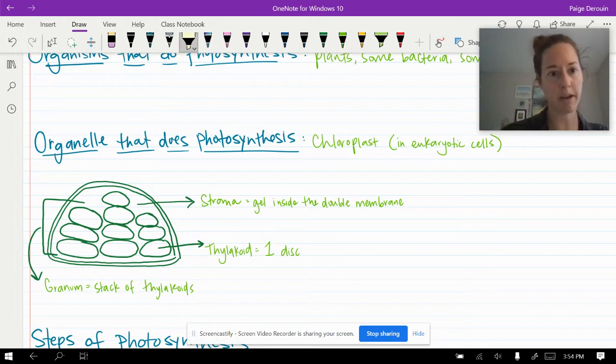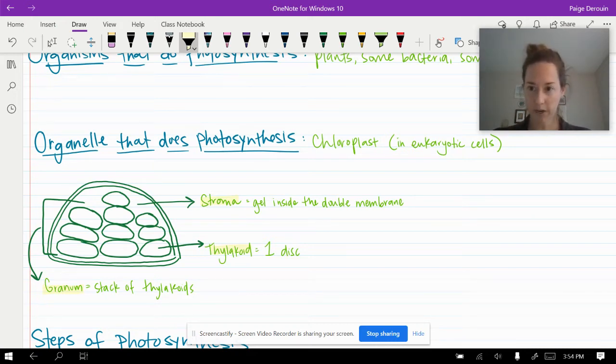So I'll just highlight my vocab words there. Stroma is the gel, thylakoid is one of the discs, and a granum is a stack of thylakoids. If you have many stacks of thylakoids, they're called grana. That is the plural form of that.